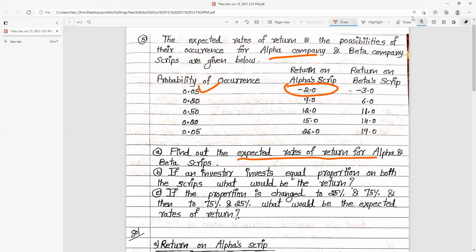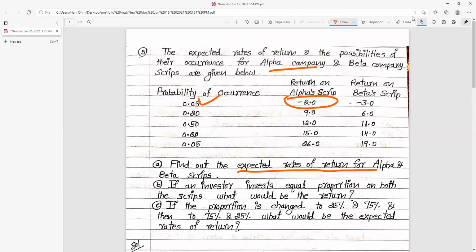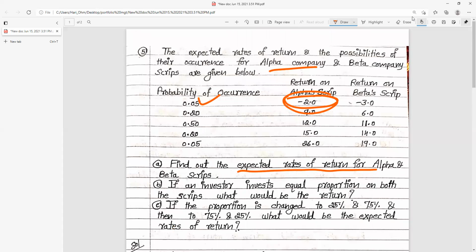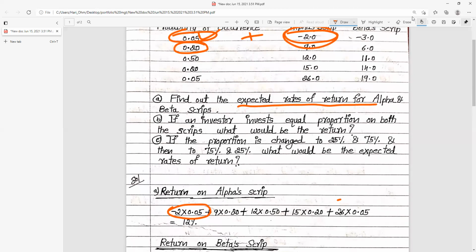Is it clear? -2 into 0.05 plus 0.20 into 9 plus 0.50 into 12, then plus 0.20 into 15, then 0.05 into 26.